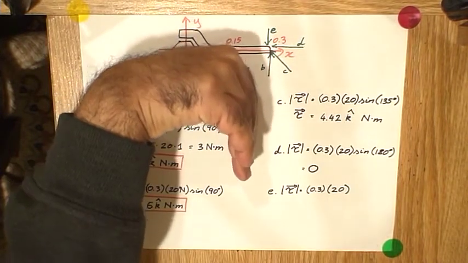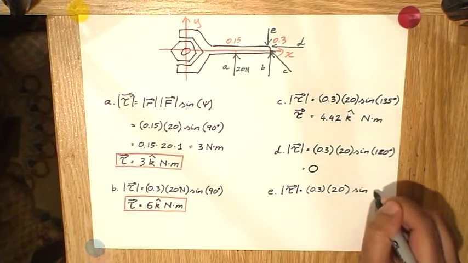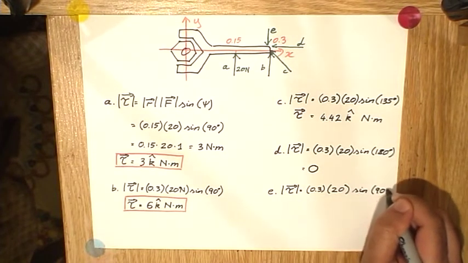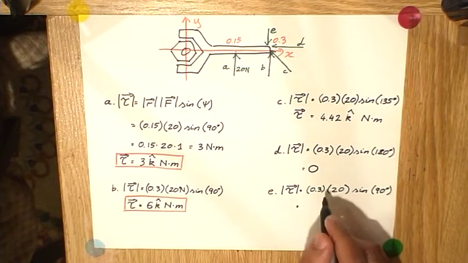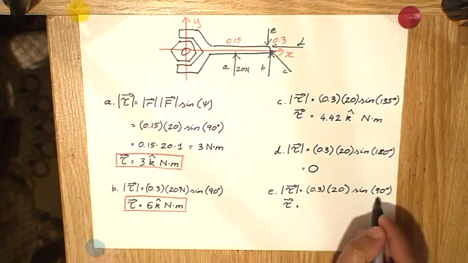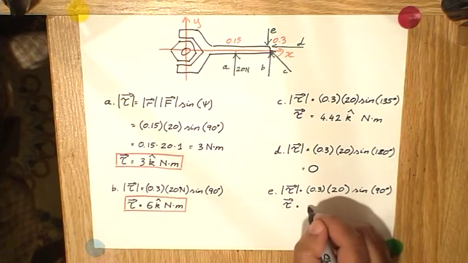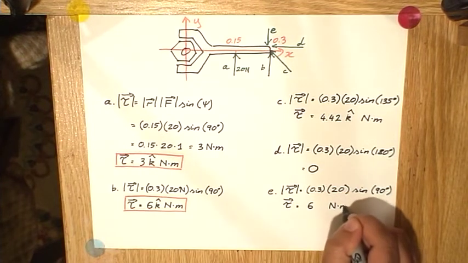That's a 90-degree angle. So that is going to work out to 0.3 times 20 times sine of 90 degrees, which is what we worked out over here. So that's still 6 newtons times meters.